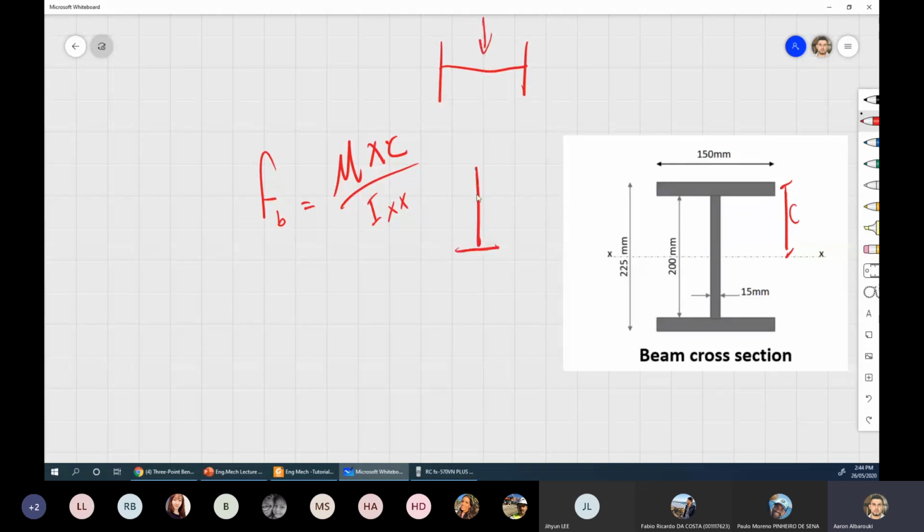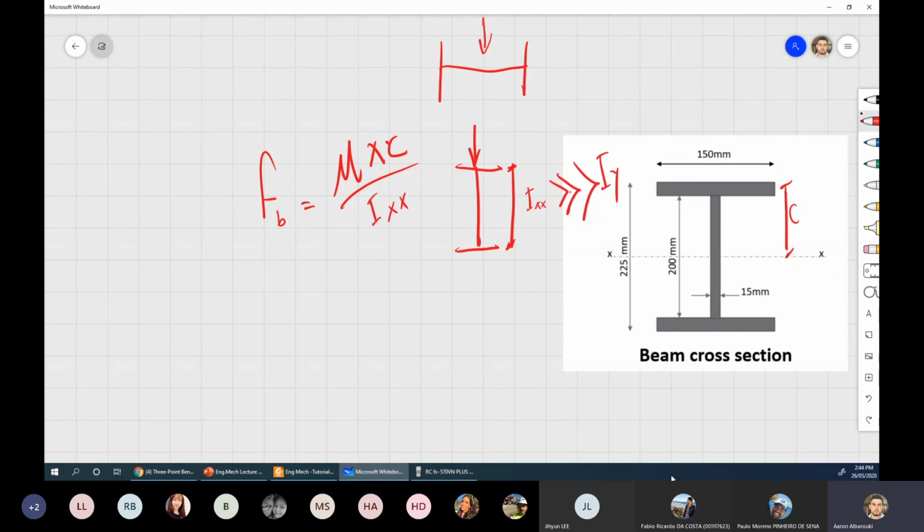Always, or most of the time, we use the beam carrying load from there. Why? Because the beam is deeper in that direction, and the Ix value is much higher than the Iy value. This is the I value from Iy from this direction.